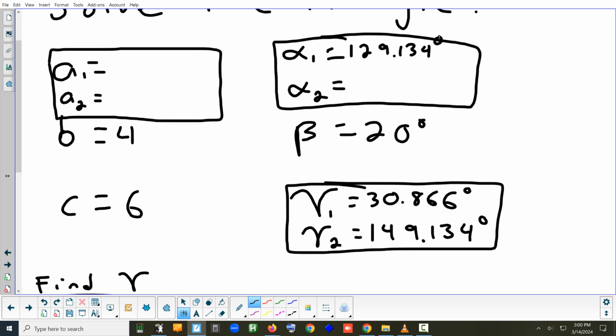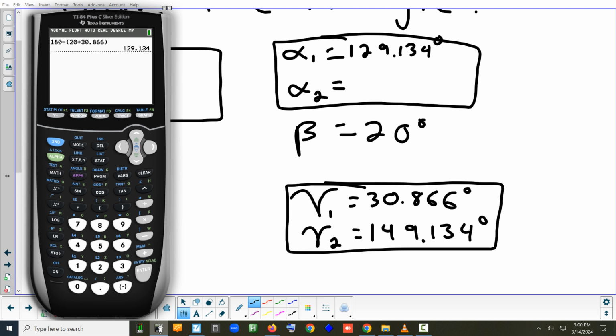All right, and now how about to find alpha 2? 149.134 and 20. Subtract from 180. Since it's 20, we can just add 169.134. And that's going to give me 10.866.